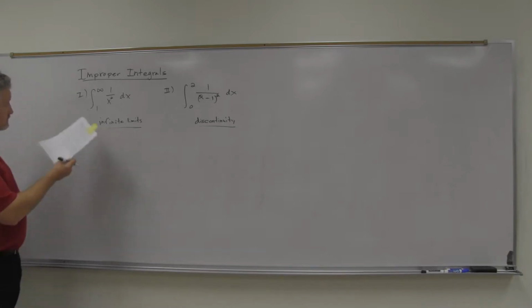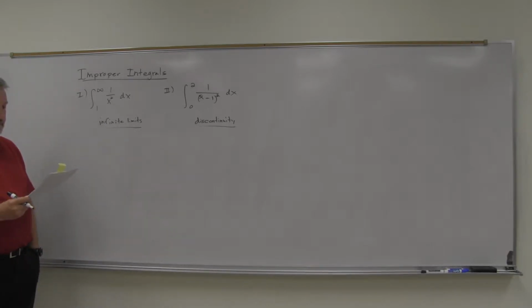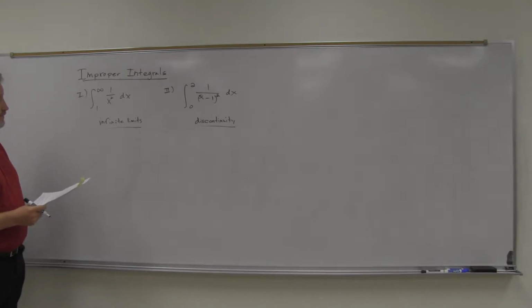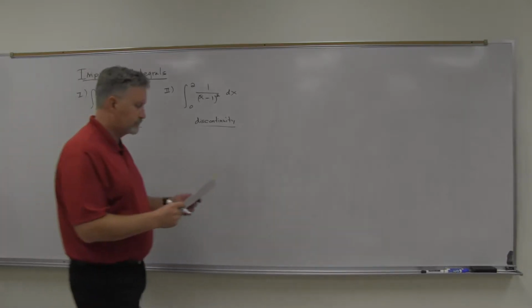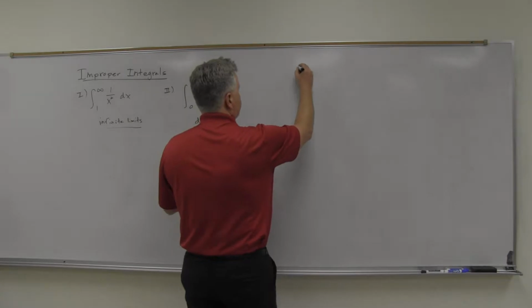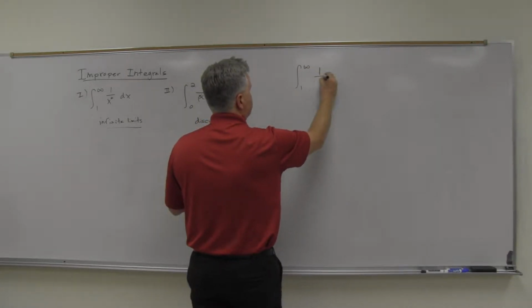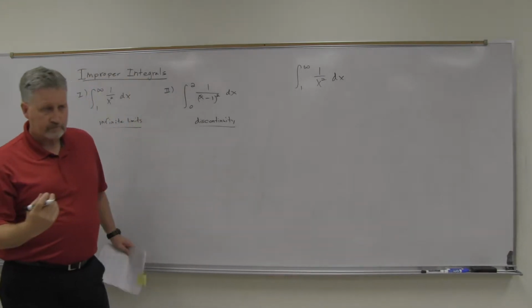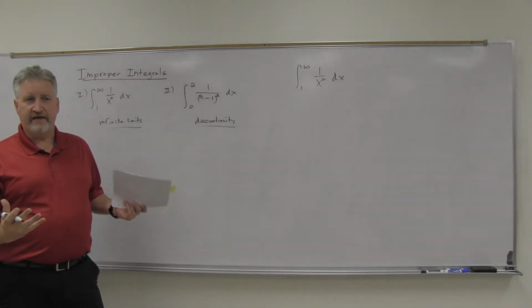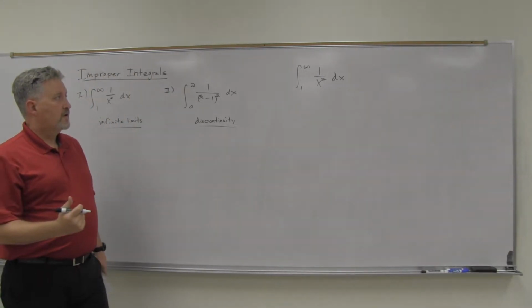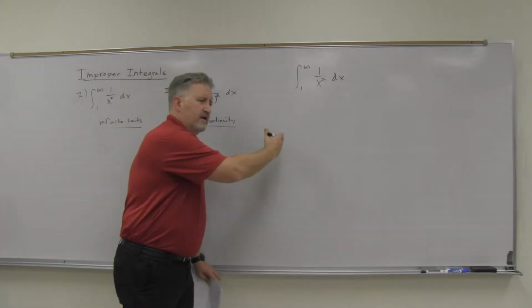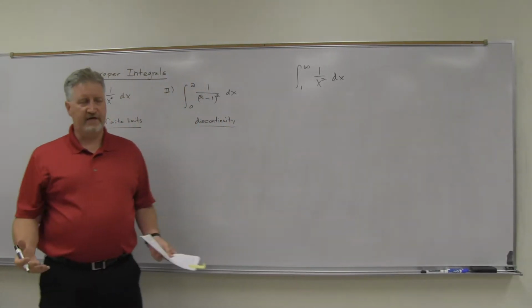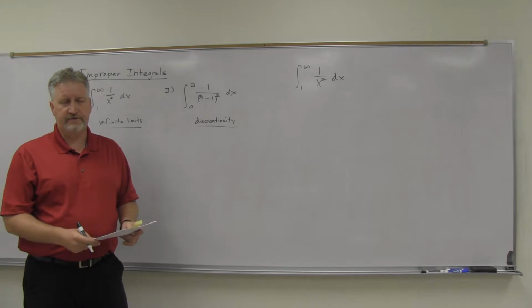We're going to start with the one I have right there, 1 to infinity, 1 over x squared. Just think about what that really means, what we're finding here. What's the interpretation of an integral?